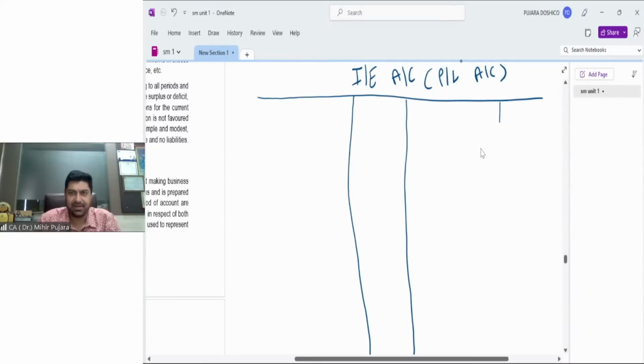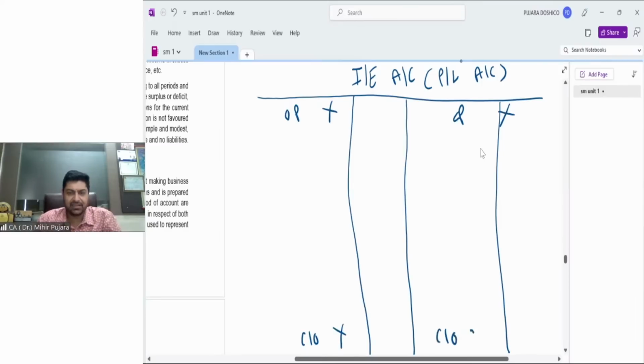And guys, in a profit and loss account, as you know, there should not be any opening balance, also there should not be any closing balance. Being a profit and loss account, there is no opening balance, there is no closing balance. Okay?